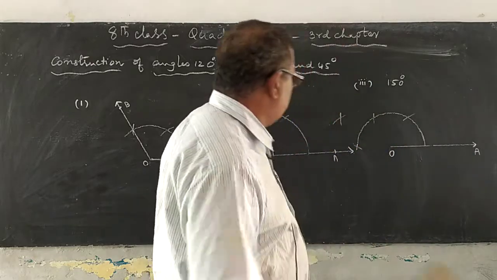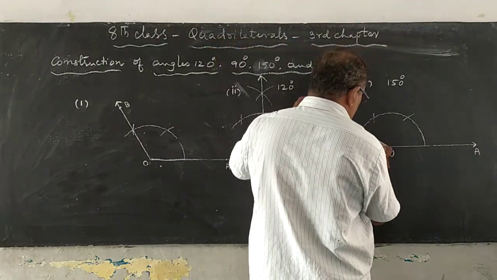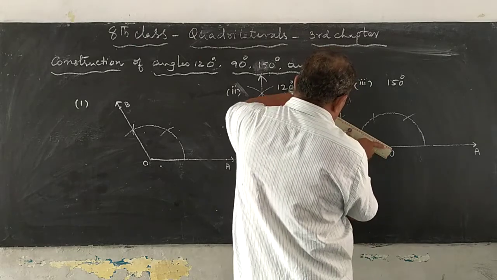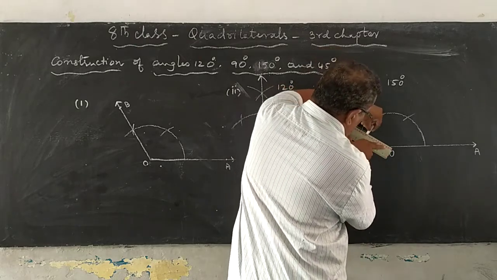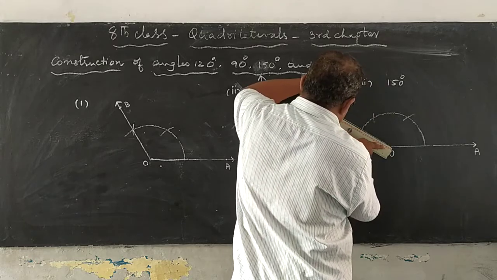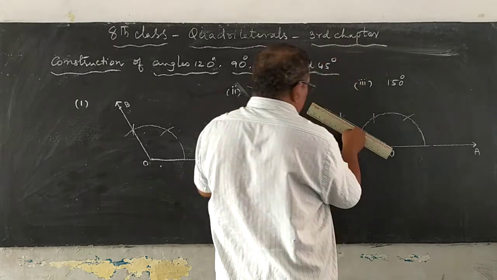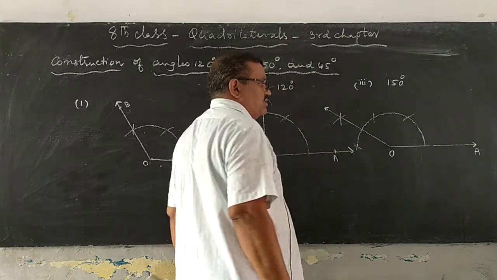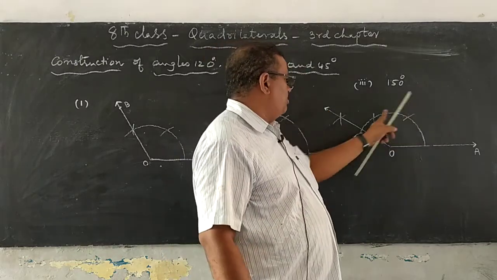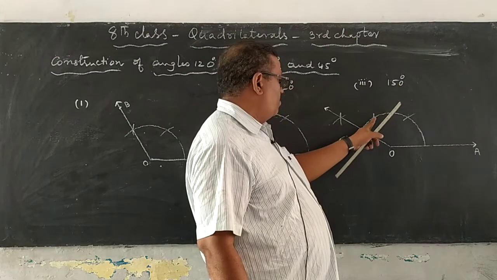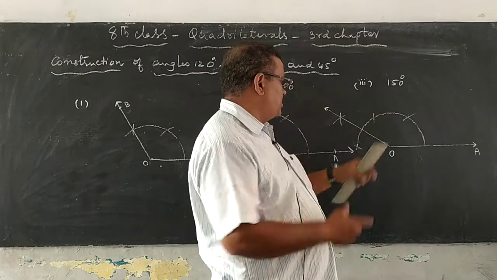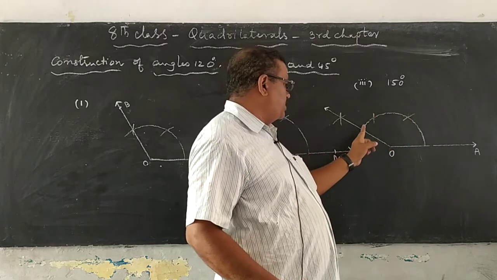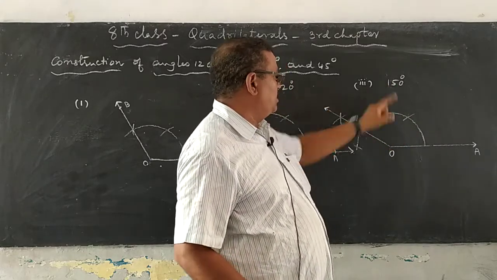Now join this one with the scale. This one is the construction of how many degrees? Up to here 60, 120, this is 180. The angular bisector of 120 to 180 is 30 degrees. So 60 plus 60, 120, 120 plus 30, 150 degrees.